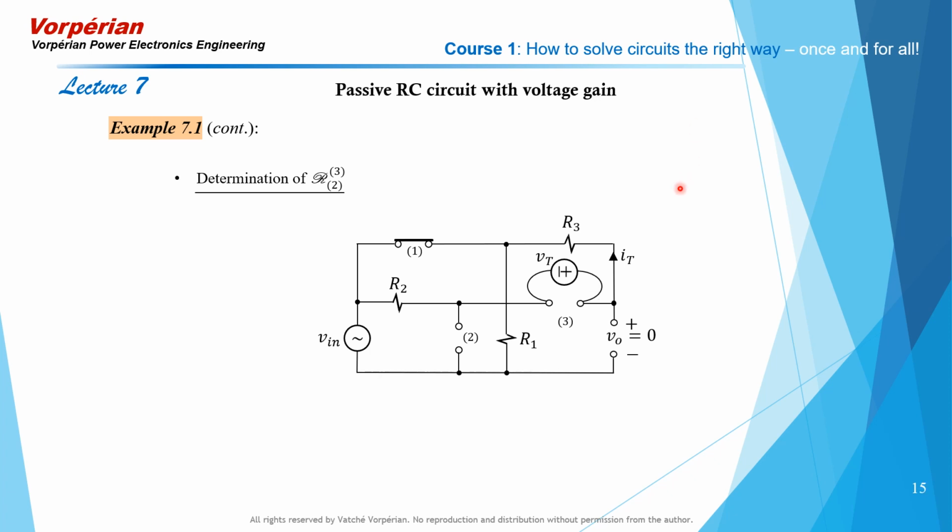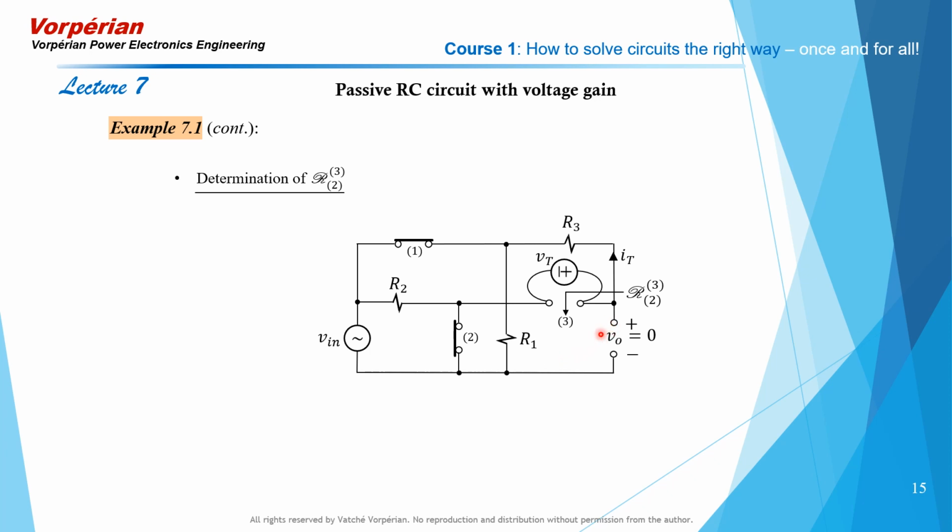And now we determine the null resistance looking into port 3 with port 2 in the opposite state of its reference state, as indicated here in the subscript. The reference state of port 2 is open, so in this case, when we put port 2 in the opposite state of its reference state, we have to short it.